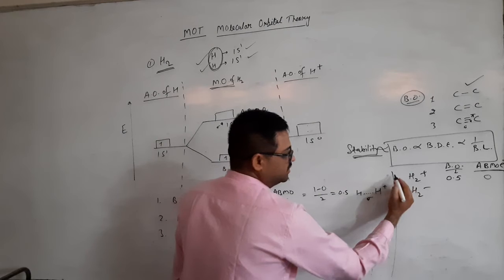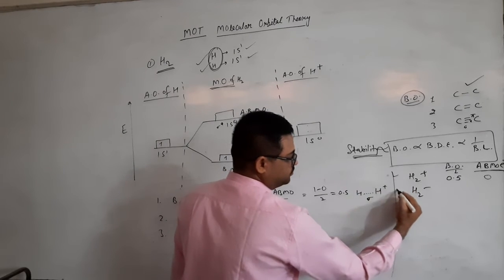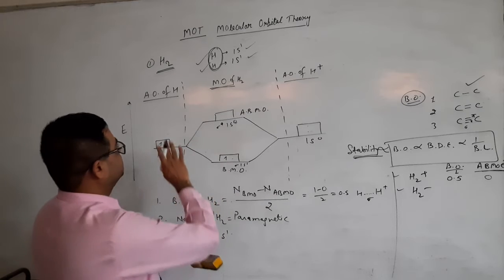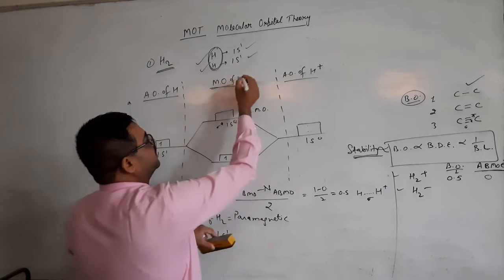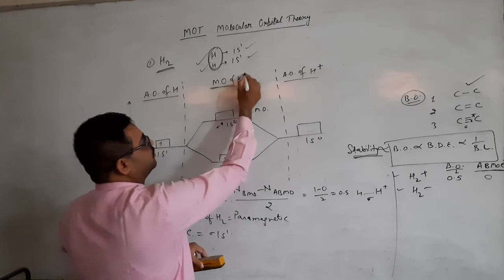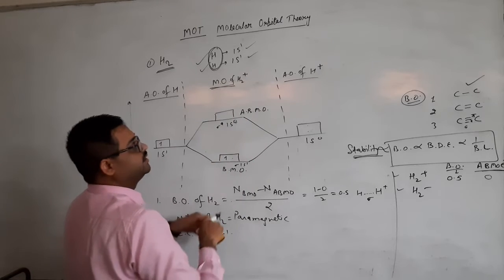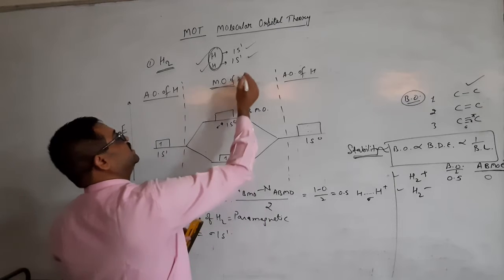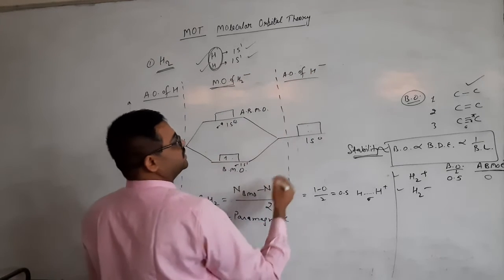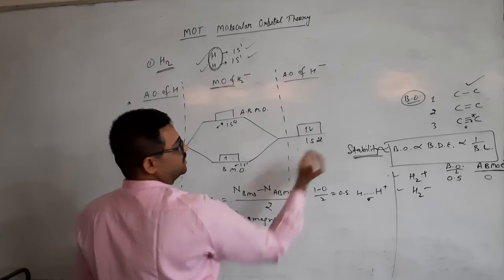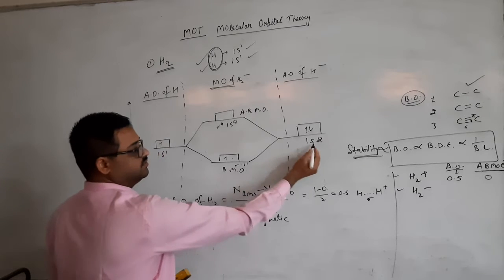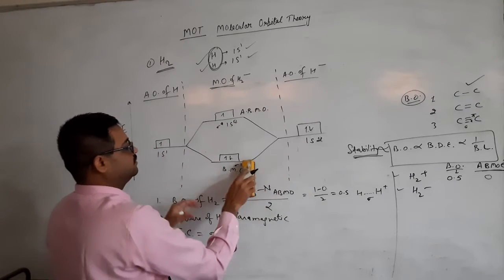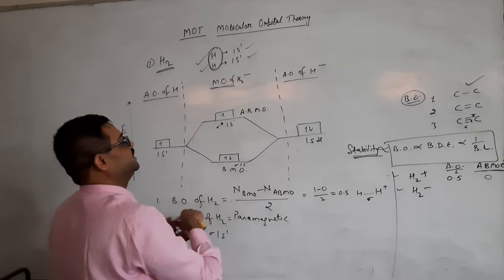Now I am taking another species, H2 minus. Now imagine with me, this is H2 minus. Earlier you had to make it plus; here it is minus. That means 2 electrons from the 1s2, plus one more electron, so the configuration is slightly changed.